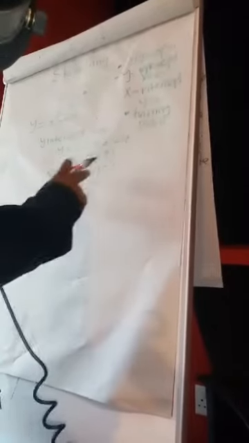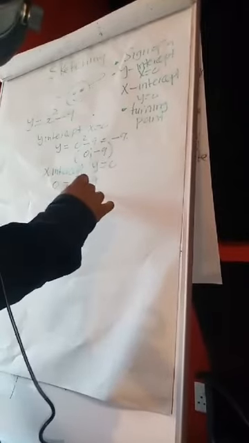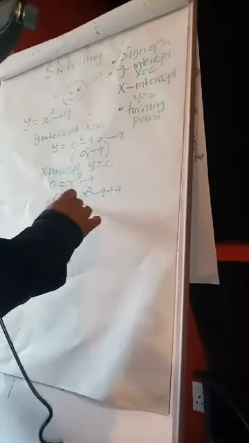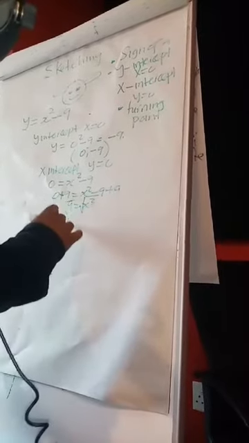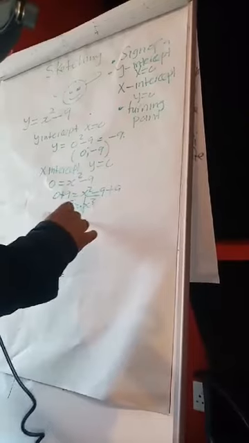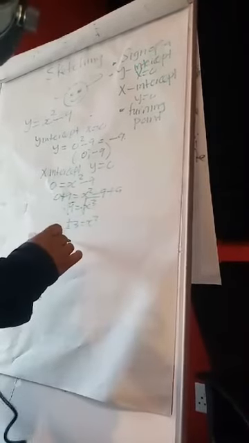Maybe you can just add the additive inverse of minus 9, which is 9. So you say 0 plus 9 is equal to x squared minus 9 plus 9. So I'm going to have 9 is equal to x squared. Then you find the square root of both sides, which gives plus or minus 3 is equal to x.